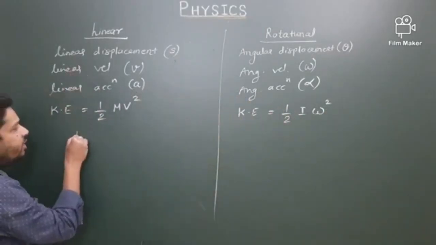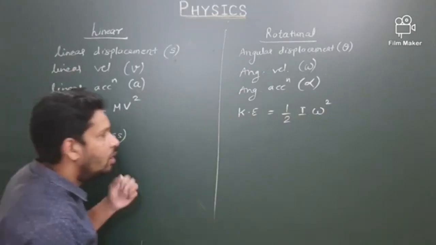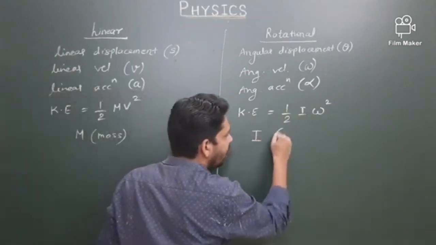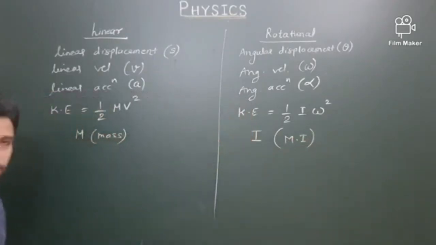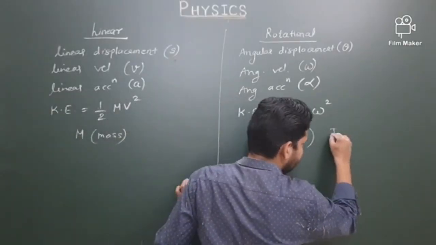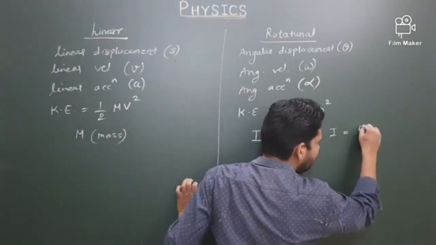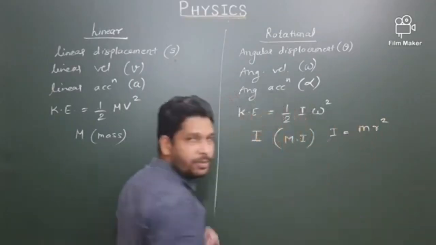What is inertia in linear motion? M म्हणजे mass is inertia. Linear motion. What is inertia in rotational motion? I, which is called moment of inertia. Mass ची जागा I घेतो ना. ओके? आणि त्या I चा फॉर्म्युला असतो I is equal to, आता मी जनरल फॉर्म्युला लिहितो mr स्क्वेअर. तुम्ही समेशन पण लिहू शकता आणि इंटिग्रेशन पण लिहू शकता.